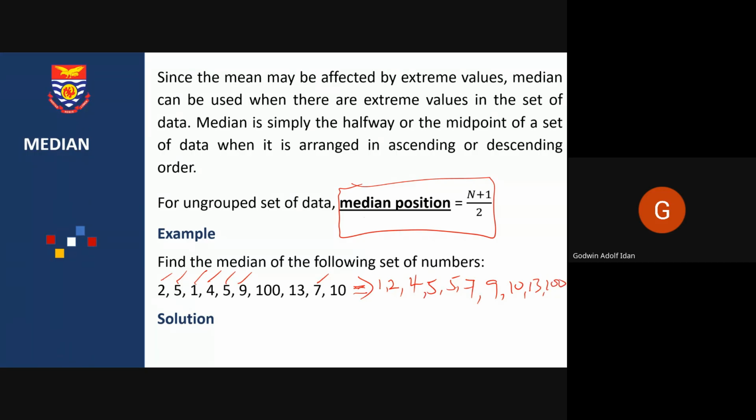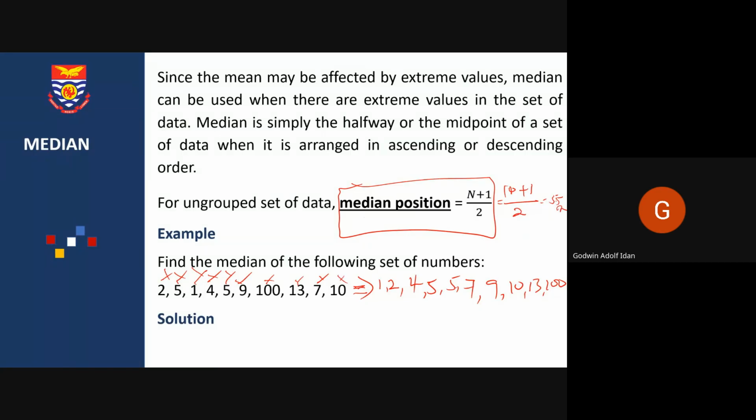Okay. So after doing this, we calculate our median position, which is n plus 1 over 2. So what is our n? We have 1, 2, 3, 4, 5, 6, 7, 8, 9, 10. We have 10, plus 1 over 2, which gives us 5.5.